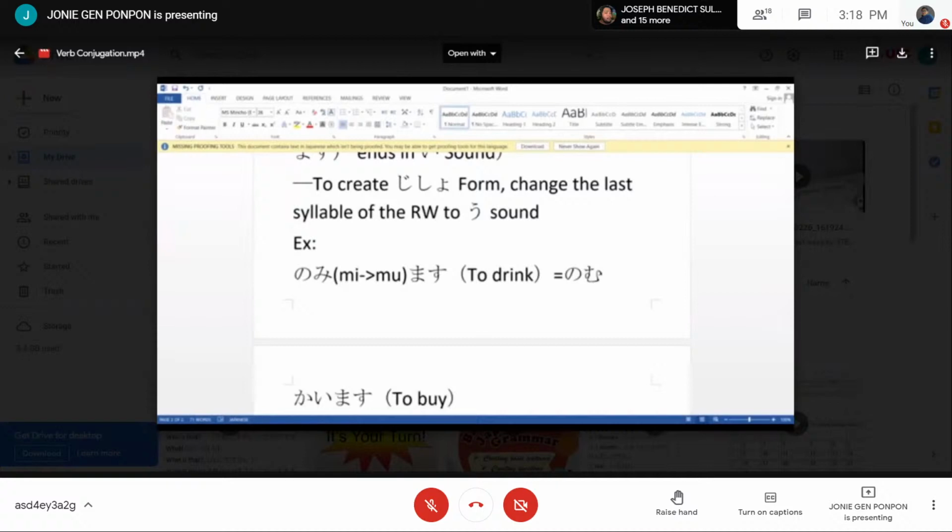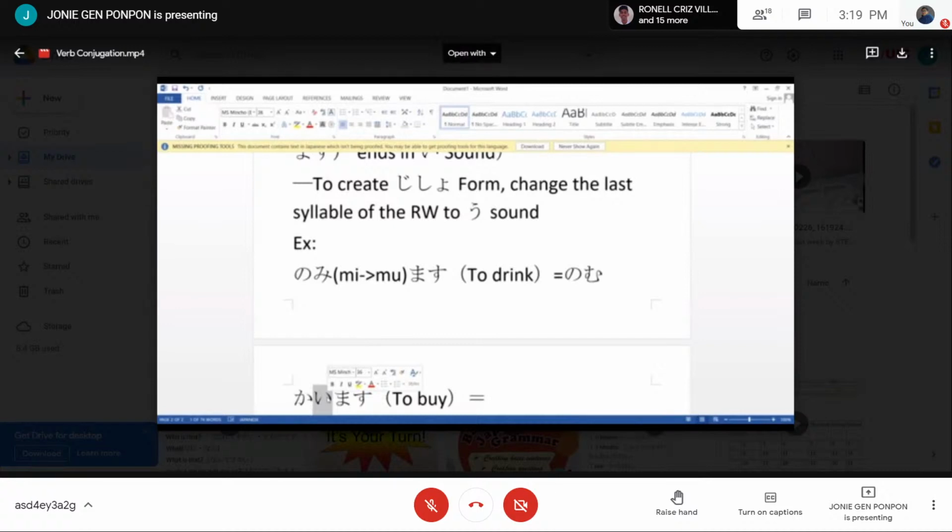Okay? So, how to create this into the jisho form? To create jisho form, change the last syllable of the root word to u sound. Now, the root word is kai. Okay? So, under the a column, right? Because the last syllable is e. So, it is under the a column. Now, what's the equivalent u sound of the last syllable e?